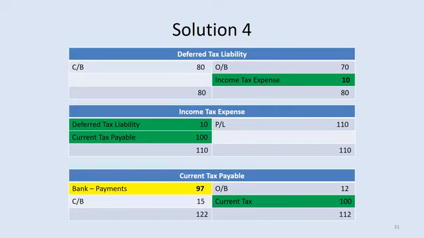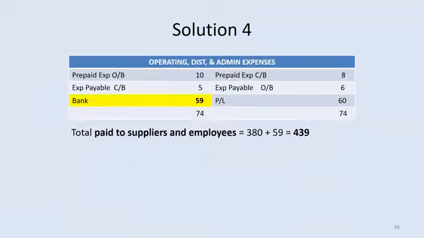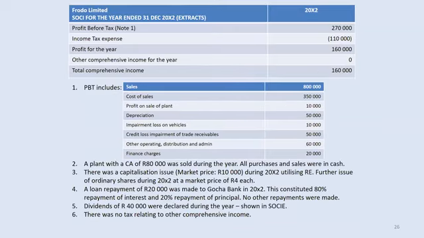If we had an opening balance of current tax payable of 12,000 and our closing balance is 15,000, that certainly means we didn't only have 3,000 Rand of tax this year. If we look at our statement of profit or loss in this question, we in fact had an income tax expense of 110,000. So there definitely was a payment made for income tax, but we don't yet know how much.